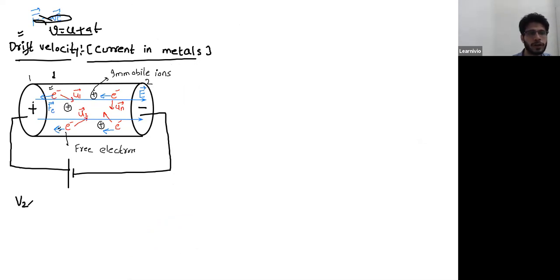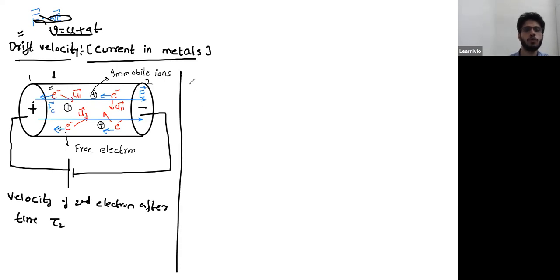So you can write that V2 is the velocity of the second electron after time tau 2. So after tau 2 time, V2 is U2 plus A tau 2.